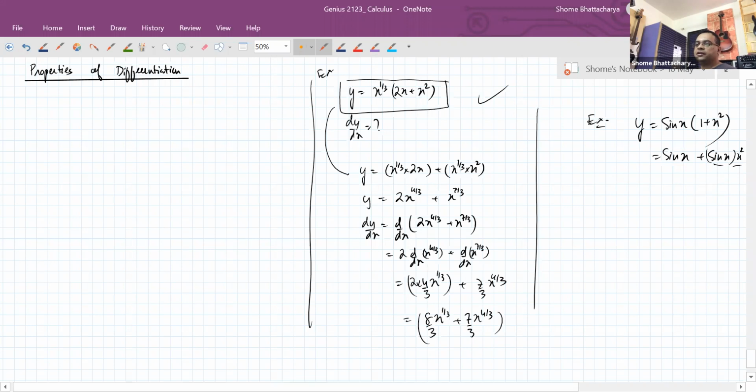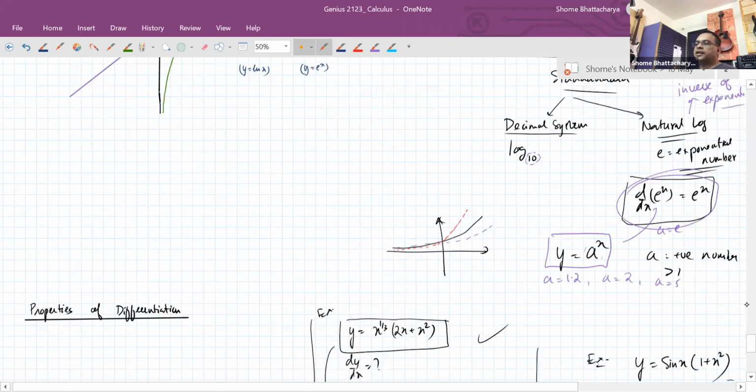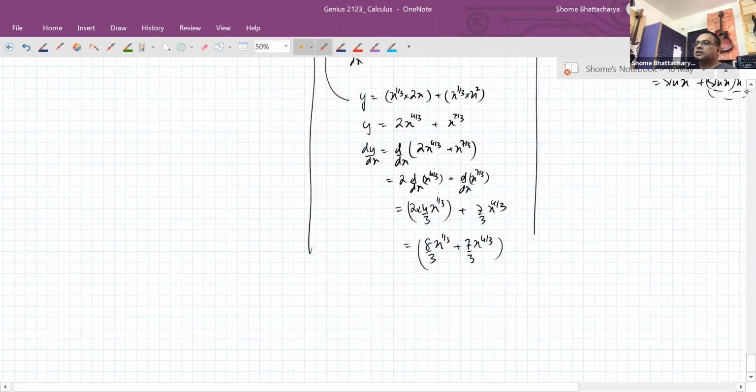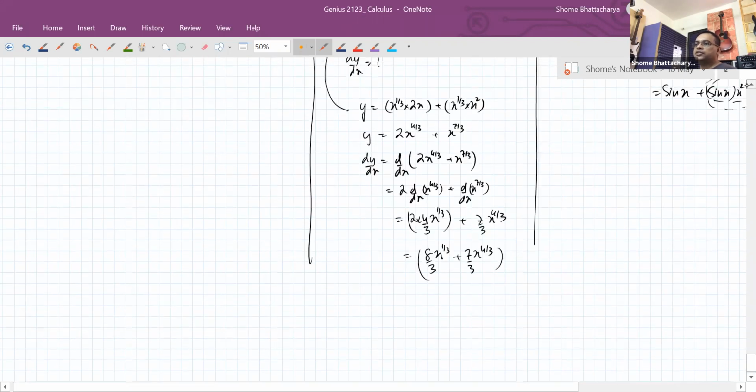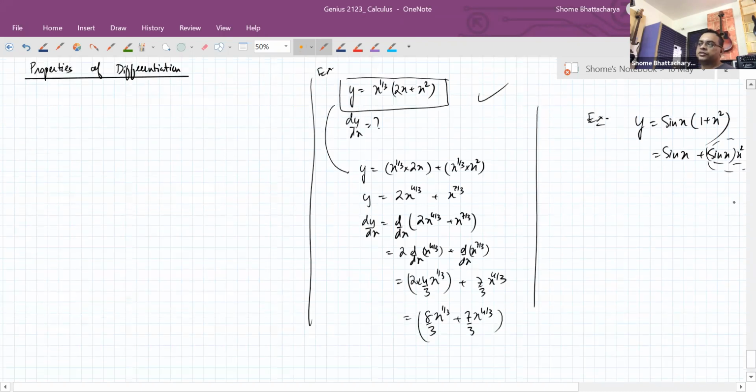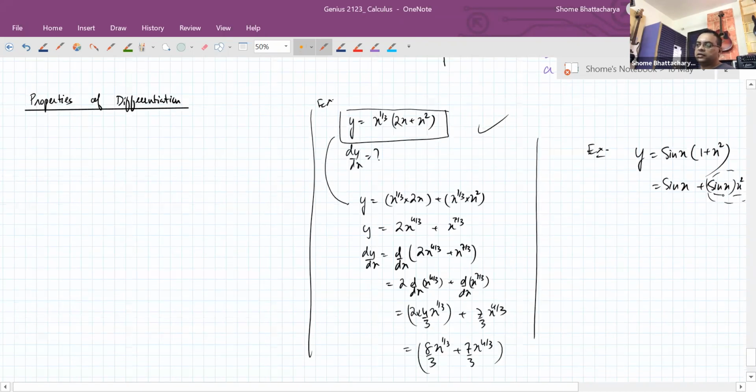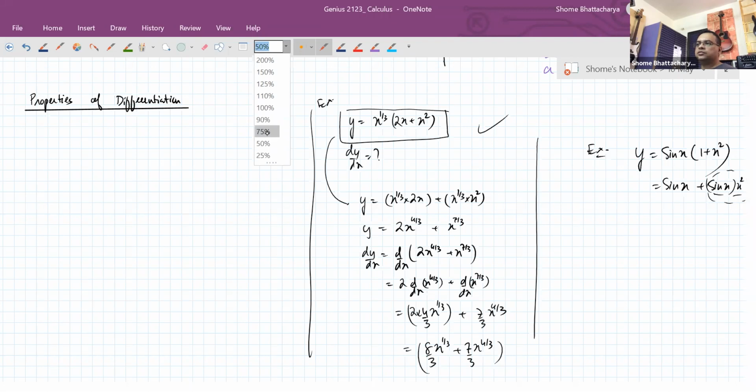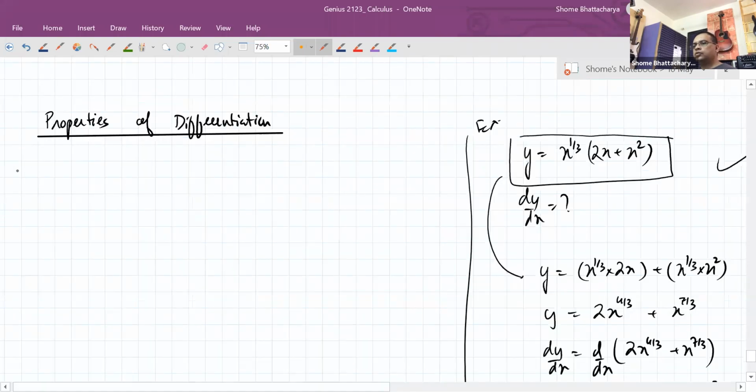So we need a separate property for these types of functions, where we are multiplying two different types of functions. One is a transcendental function. This is an example of a transcendental function because it has the trigonometric expression as well as the algebraic expression. Okay. So for that purpose, we have an additional property of differentiation, which is the product rule.